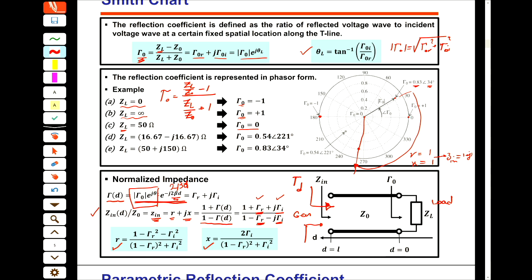Why are we going clockwise? Why don't we go anti-clockwise? Because it is mentioned on your Smith chart. If you look at your Smith chart, can I have one of those if there is any extra? Maybe at the back.